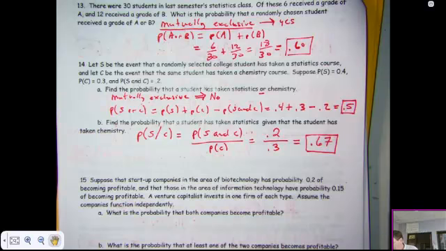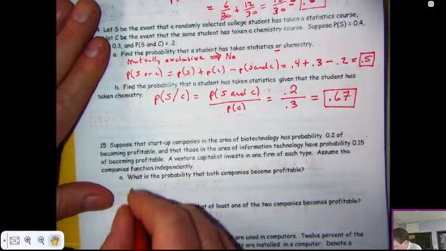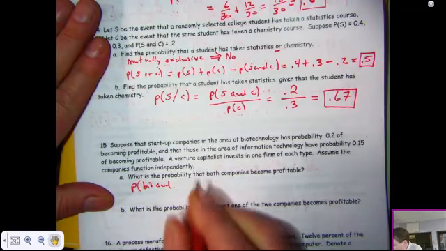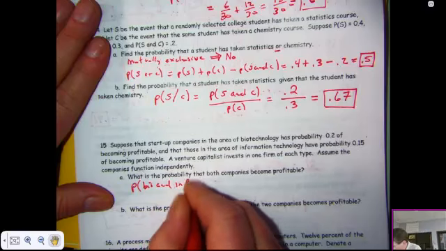That's important. So what's the probability that both companies become profitable? Should you just add it up again? Both would be an or or an and statement? Which one is in both? An and. I want both the probability that the bio is profitable and the information is profitable.